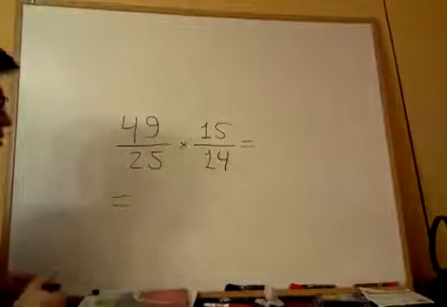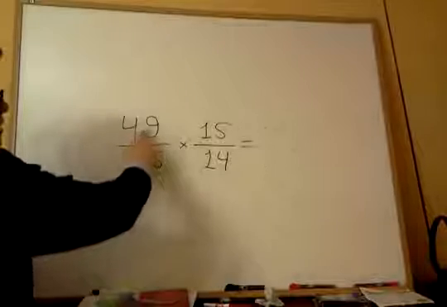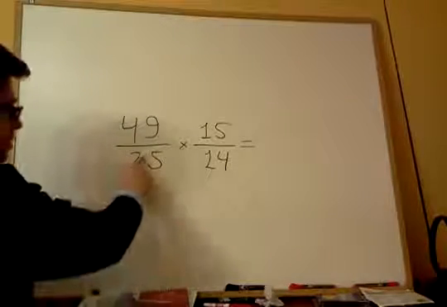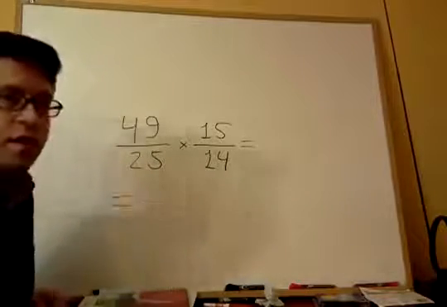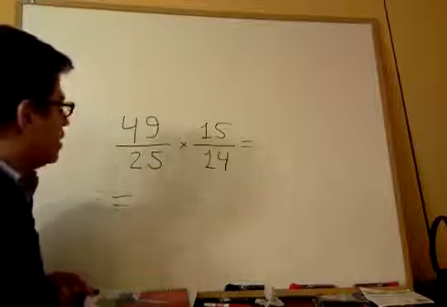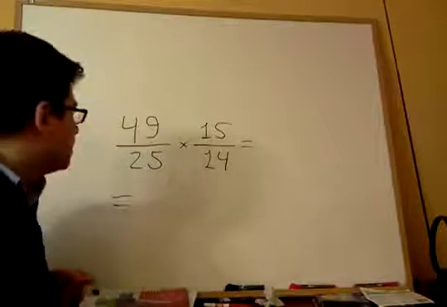So now I need to multiply straightforwardly 49 times 15, and then I need to multiply straightforwardly 25 times 14. But wait a minute, that looks like too much work. Can I make my life easier here?